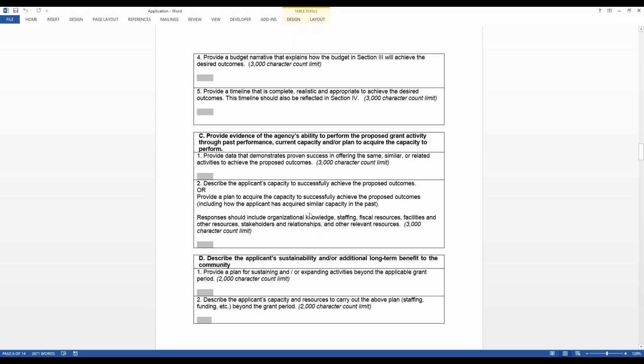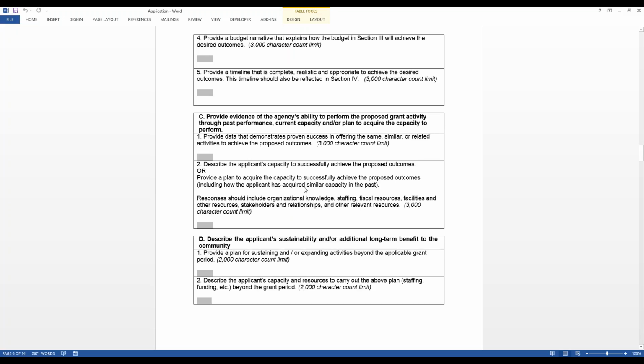If you don't have those resources in place, tell us the plan. How are you going to achieve your outcomes? How are you going to acquire necessary resources to achieve the goals of your program? Okay, very important question about your resources and capacity. Moving on to section D.